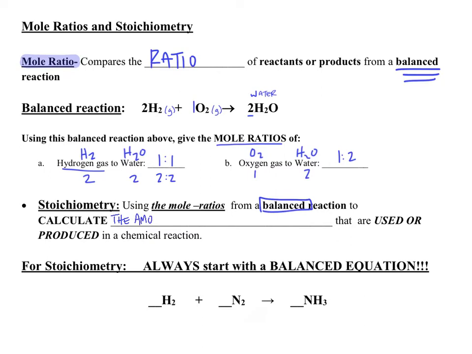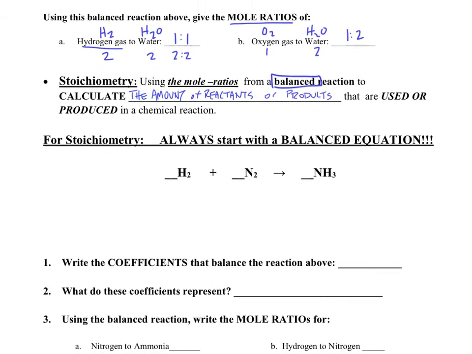We're going to determine the amount of reactants or products that are used or produced in a chemical reaction. Okay, so let's get to it.